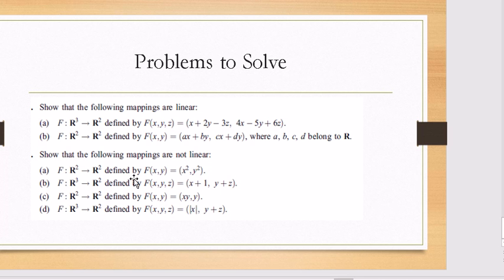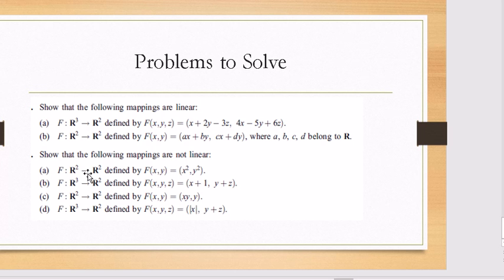So here we will try some two vectors u and w, for example (1, 2) and (0, -1), and we will show that the first condition of a linear map is not satisfied. But if the first condition is satisfied, then we will check whether the second condition of a linear map is violated or not.